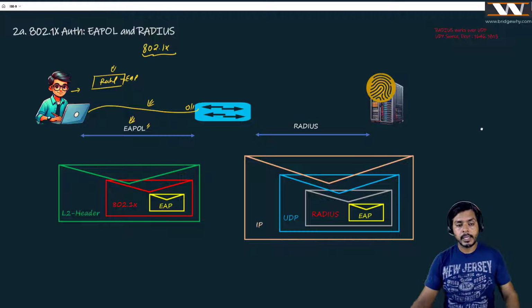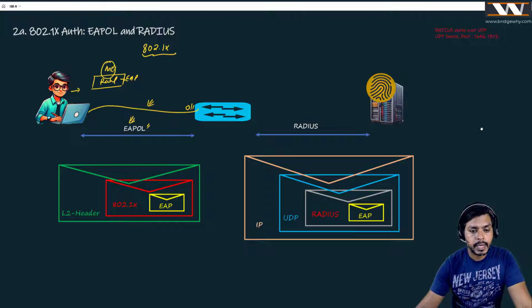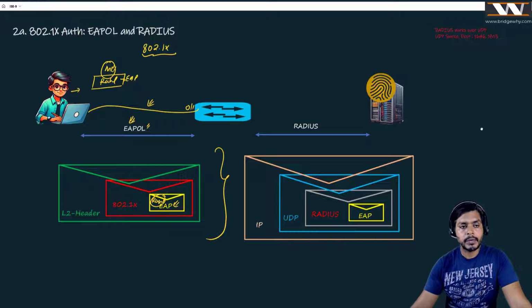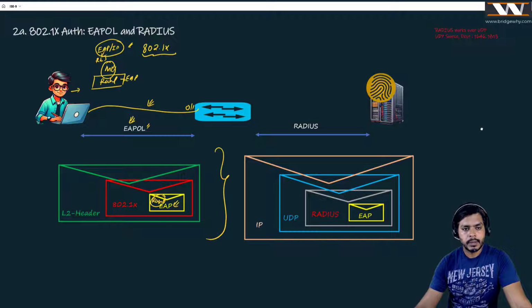So what is happening, guys? I need to send this message, and that is why I have drawn this message in this bigger drawing so that you can visualize. Here is my EAP message in yellow color. Maybe I have written Rahul inside it, which is my identity. And by the way, such a message is known as an EAP identity message, right? These are also your EAP response messages.